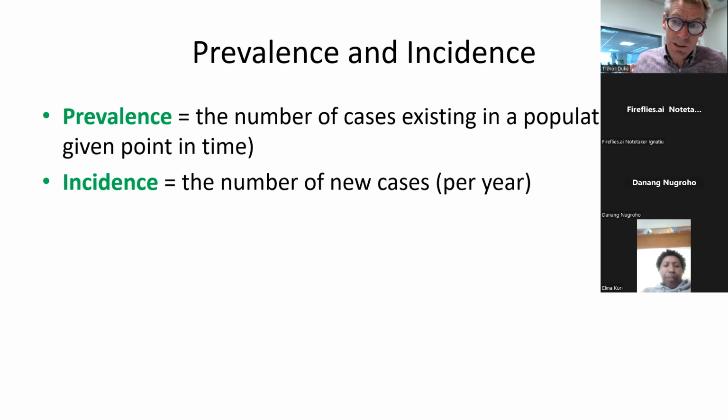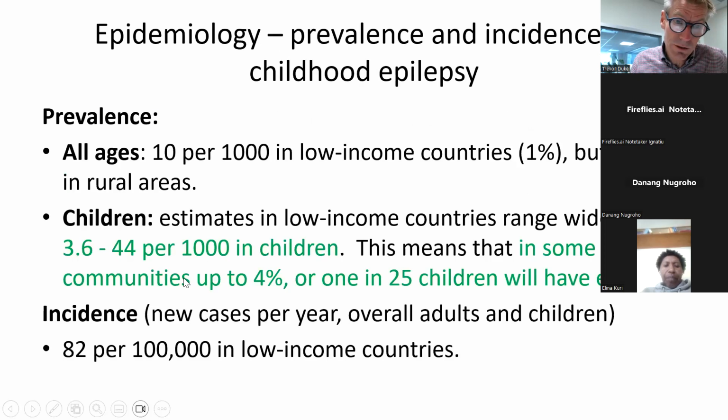They're just a bit different, and I want you to try with epilepsy to understand the difference between prevalence and incidence. Incidence is the number of new cases per year, but if children develop epilepsy, it's a chronic condition that they keep, so therefore the prevalence is higher than the incidence. I hope that makes sense to most of you.